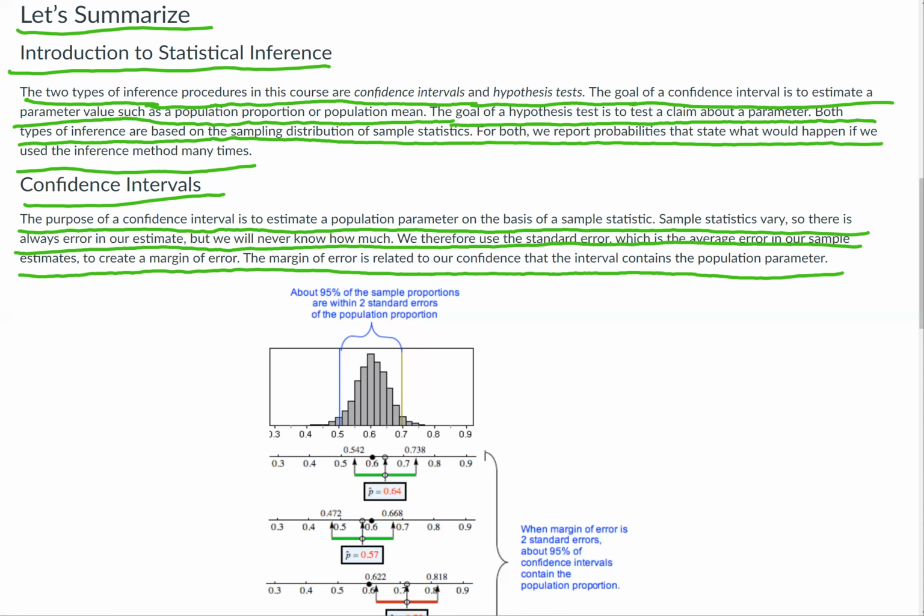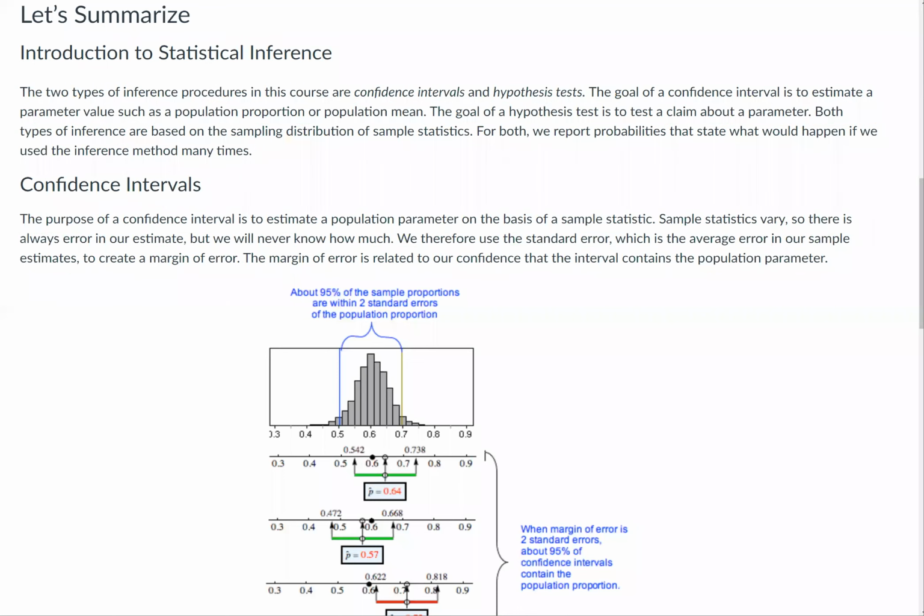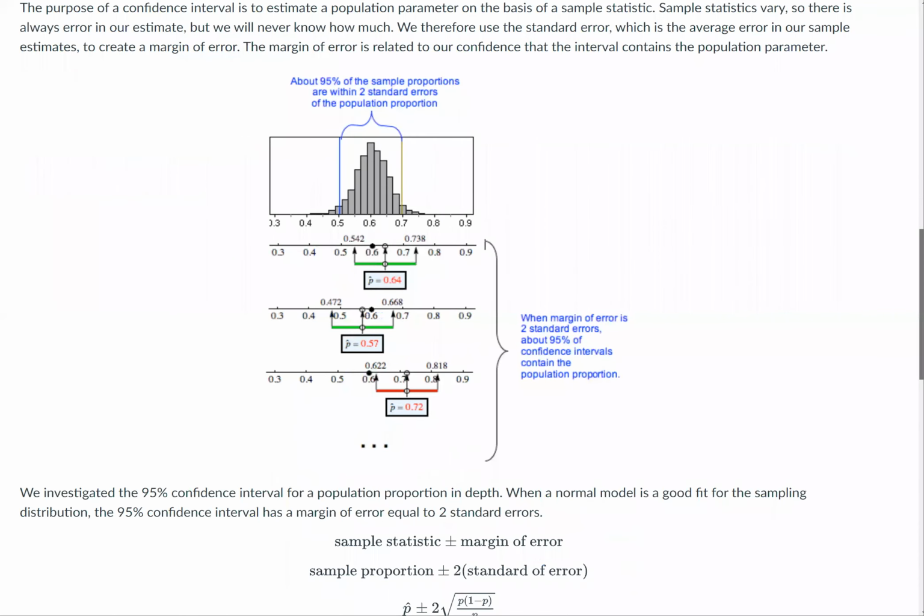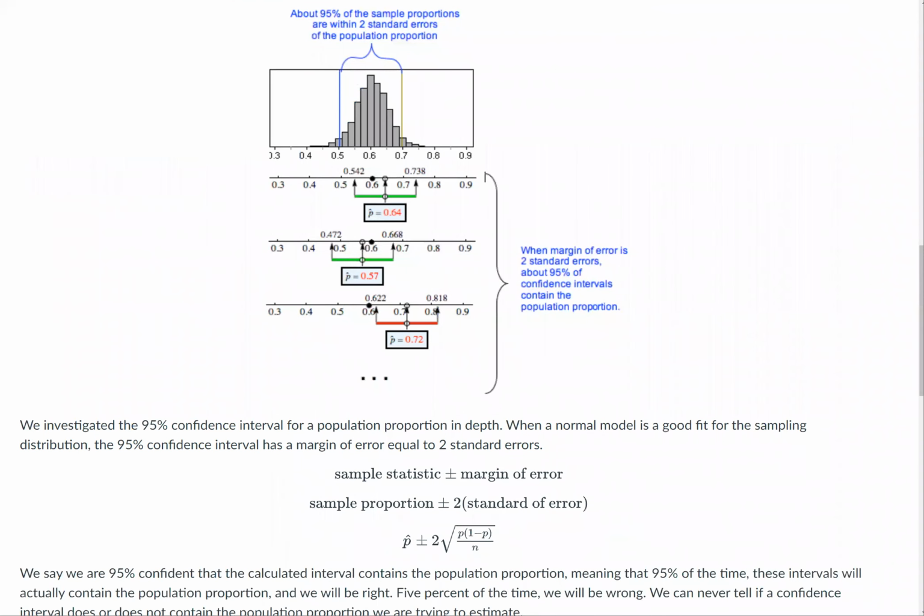Like we talked about on a previous page, everything's centered around 0.60. I think that was the percentage of women in college compared to men, 60%. And then our interval here is between 0.5 and 0.7.